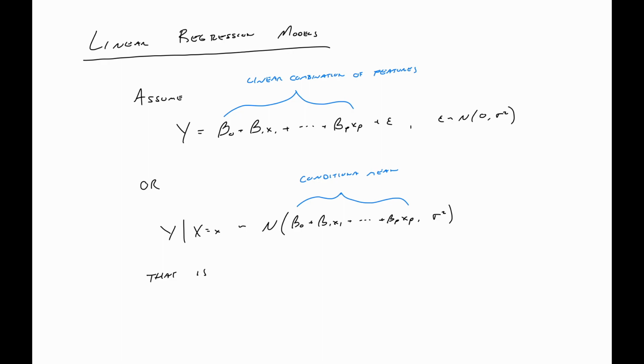So in particular, what a linear model does is it assumes a form for the conditional mean. That is, it assumes the regression function is of a particular form.